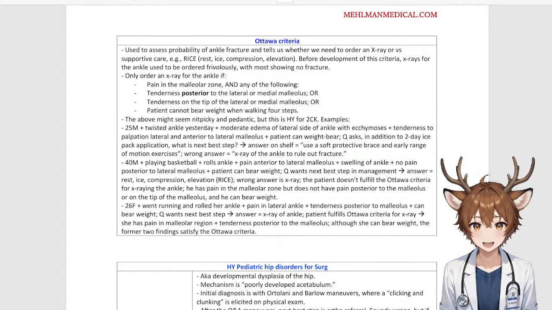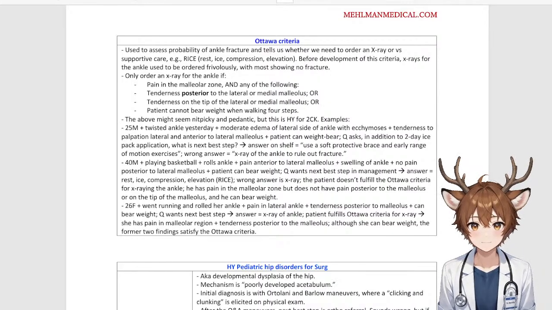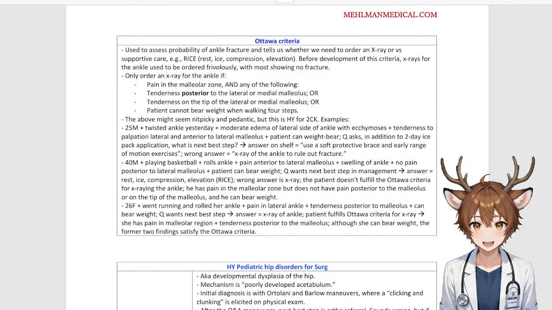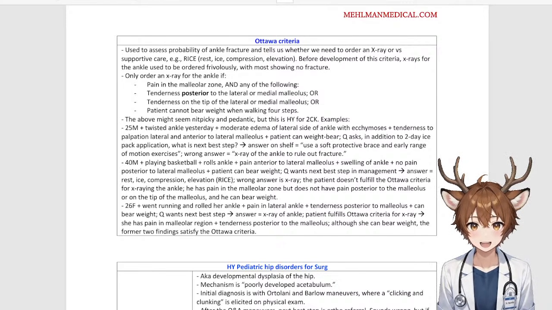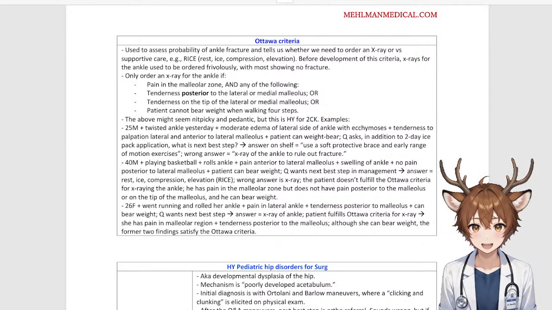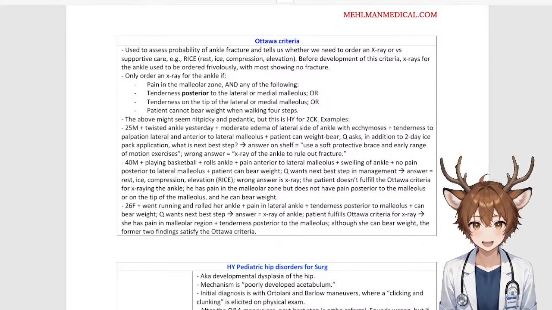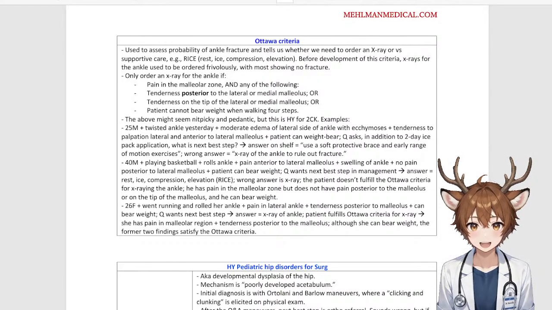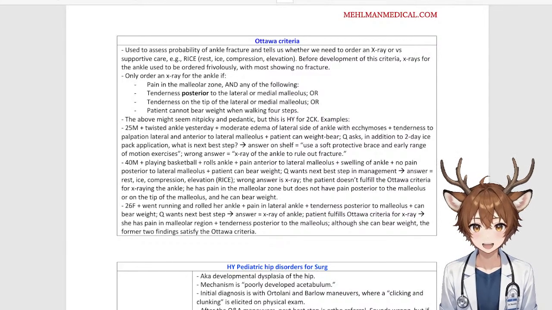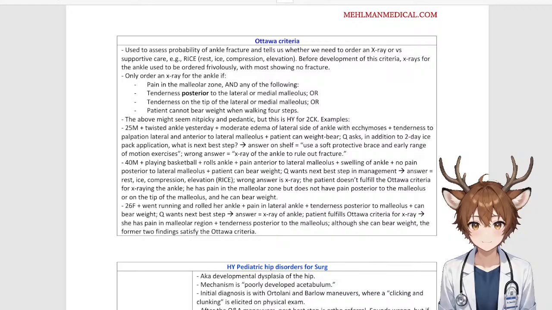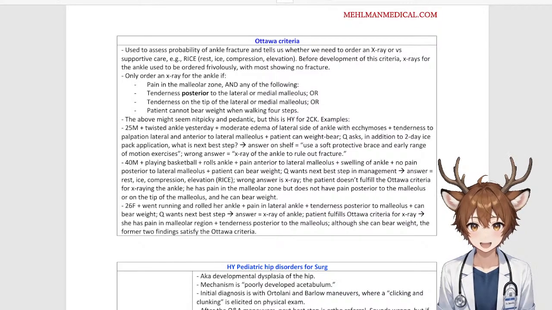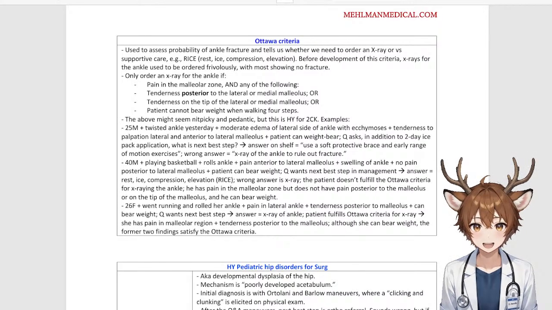The management answer should be rest, ice, compression, elevation. The wrong answer is x-ray. The patient doesn't fully fulfill the Ottawa criteria. He has pain in the malleolar zone, but does not have pain posterior to the malleolus or on the tip of the malleolus, and he can bear weight. If he had it in the posterior or tip part, that would be appropriate, but it's the anterior part, so no. So I'm glad he's explaining this in a little more detail because I didn't know exactly where the cutoff points would be.